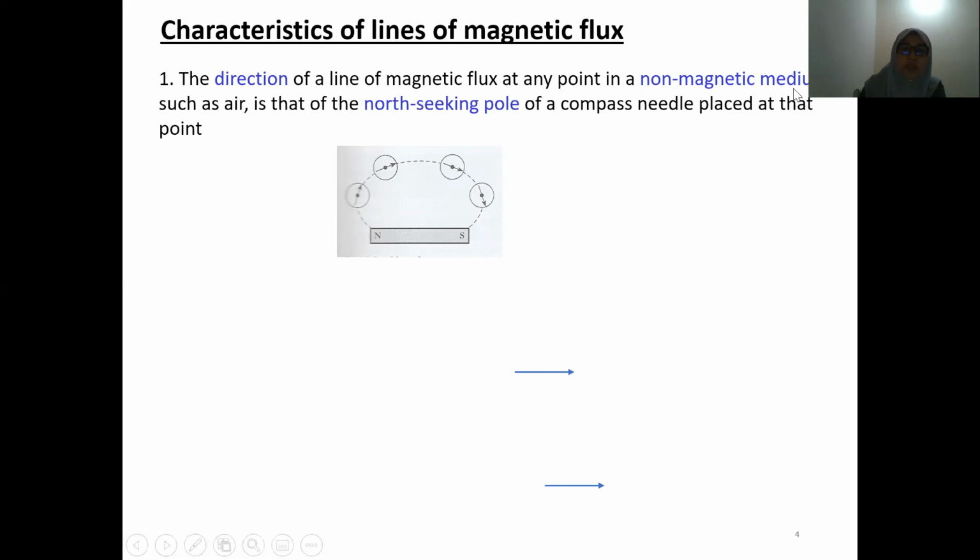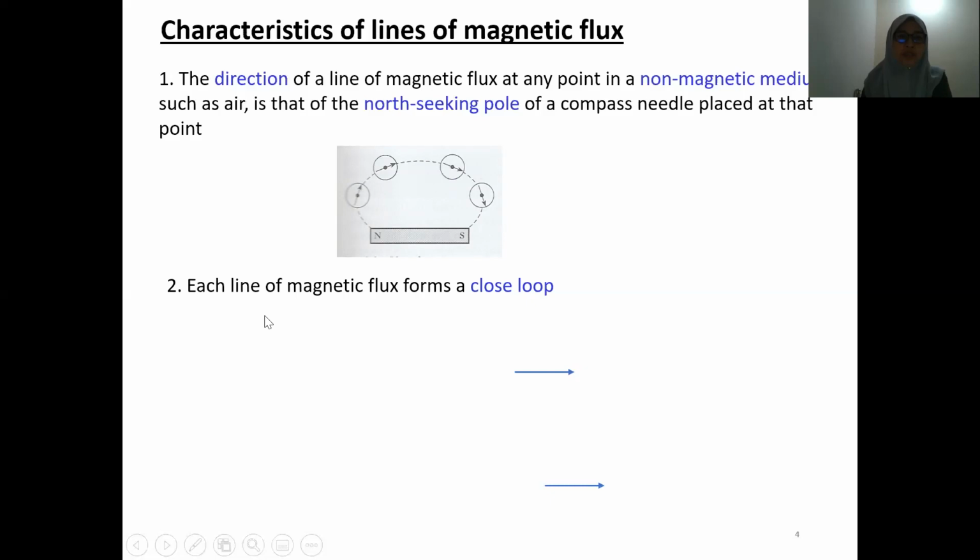The non-magnetic medium can be air or wood, that is, a medium that is not attracted by a magnet.